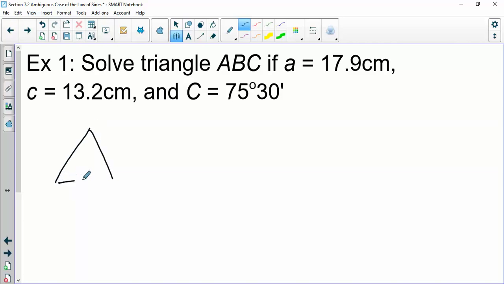So I have triangle ABC. Side a should be across from angle A. That was 17.9. Side c is 13.2. Angle C is 75 degrees, 30 minutes.